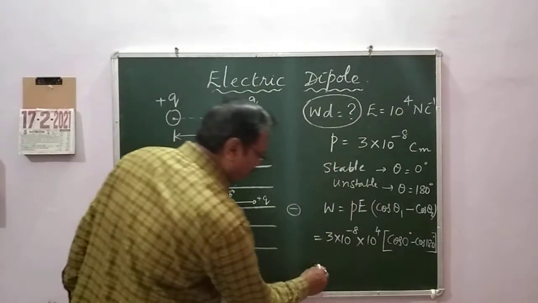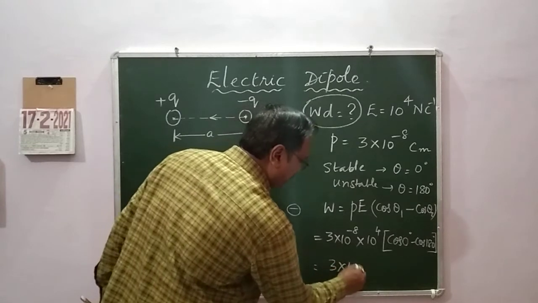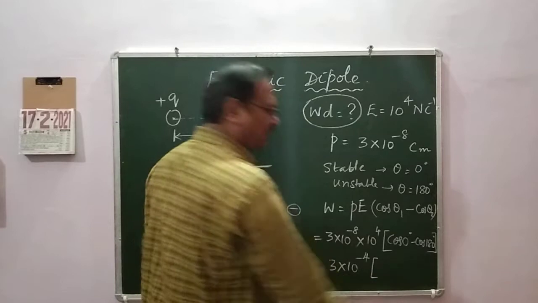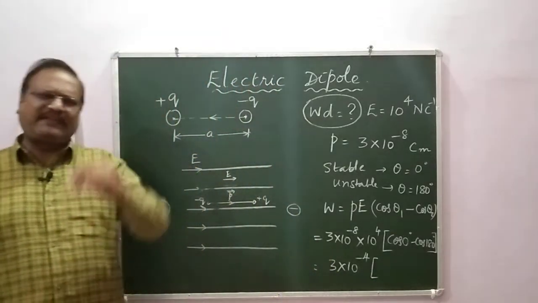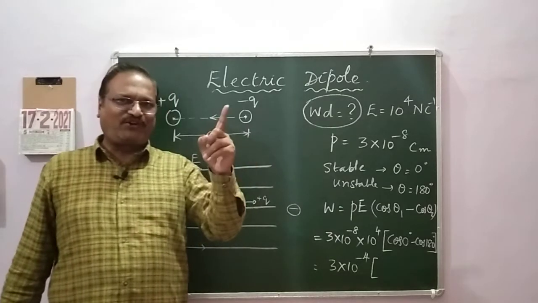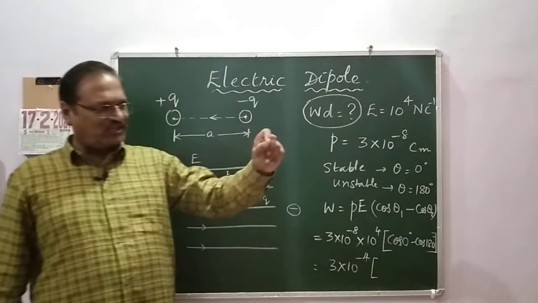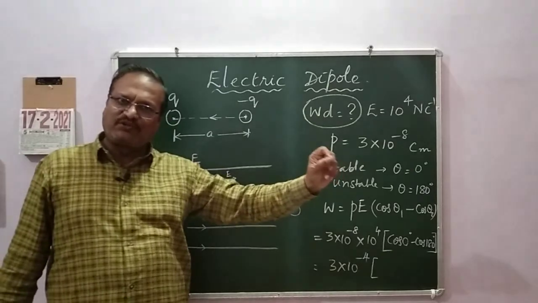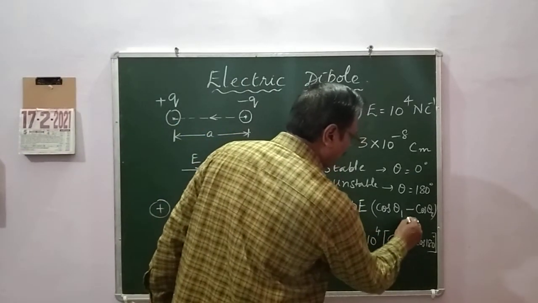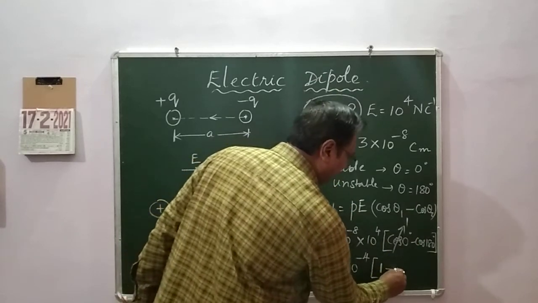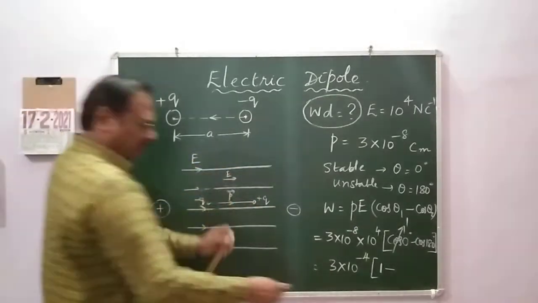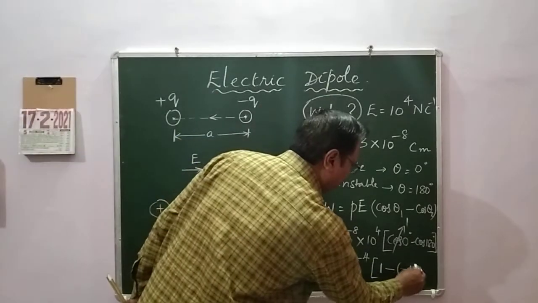Now that is equal to 3 into 10 power minus 4 of cos 0 minus cos 180. You should remember easily: cos 90 is 0. Work done is 0 when the force and displacement are perpendicular to each other. Cos 0 is equal to 1. Cos 180, just in the opposite direction, is minus 1.